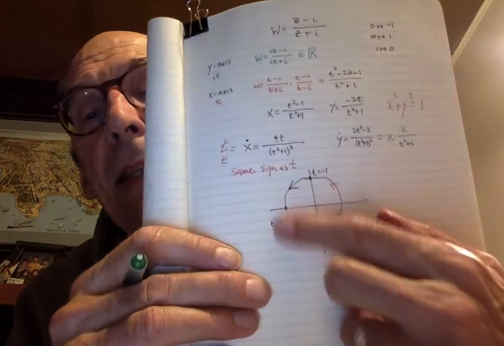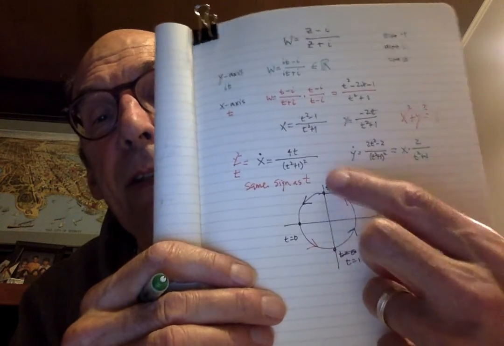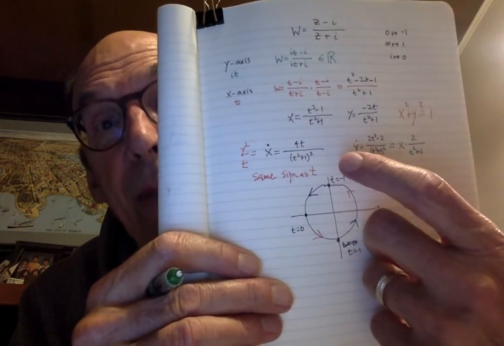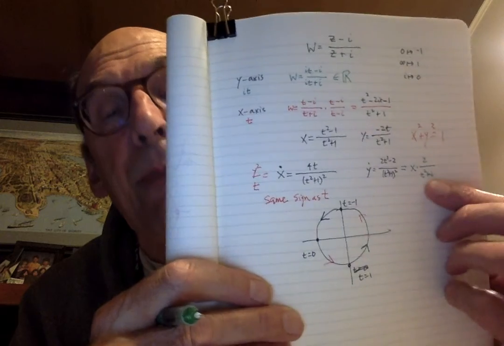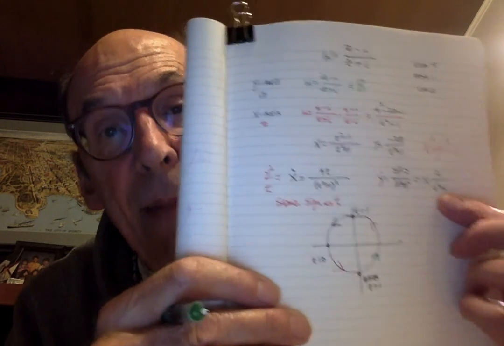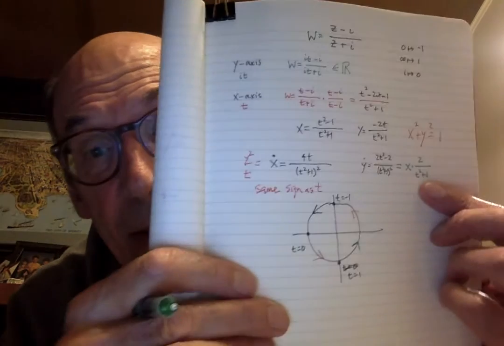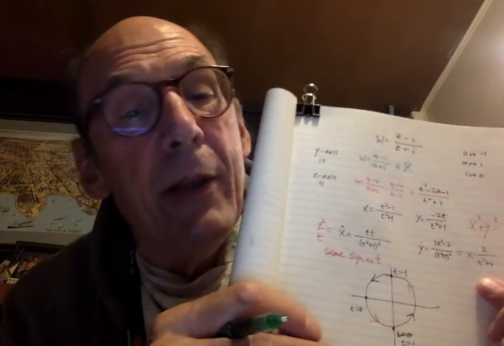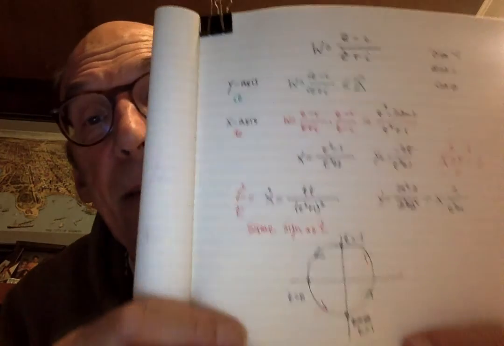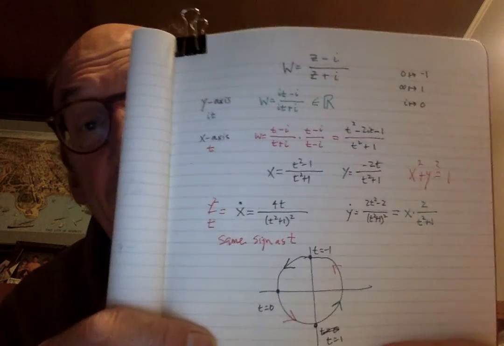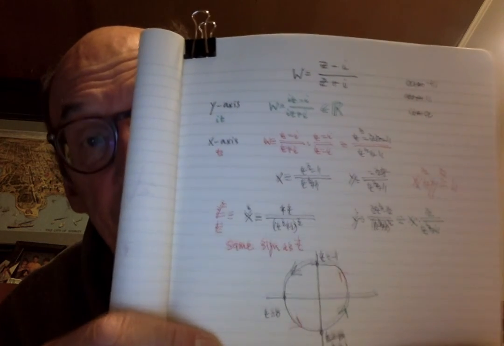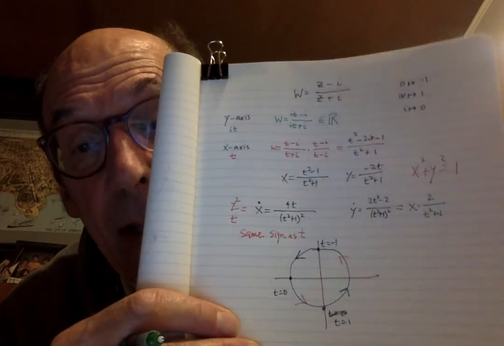And these arrows are consistent with the signs of the derivative. The funky part is we're not doing a lot of algebra. We're bringing back in x and y. And the mean value theorem says all we need is the signs, and that's true. So the rest of the surprise is going to have to come a little bit later. But right now, this is what z minus i over z plus i does. It's a very interesting function with a lot of interesting geometric content.